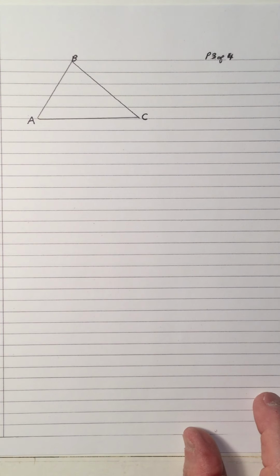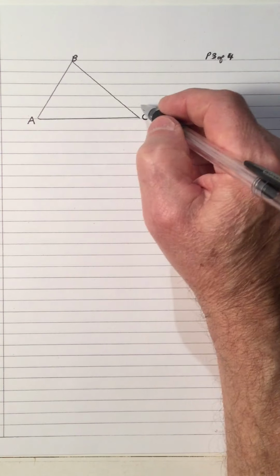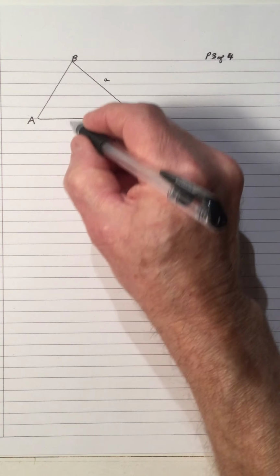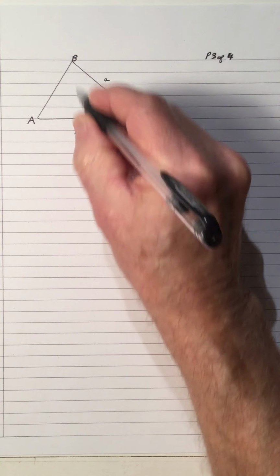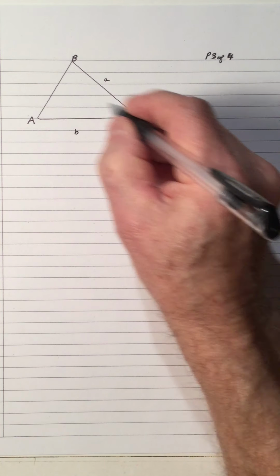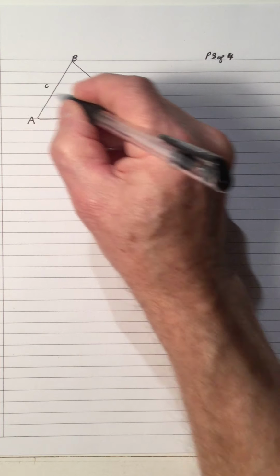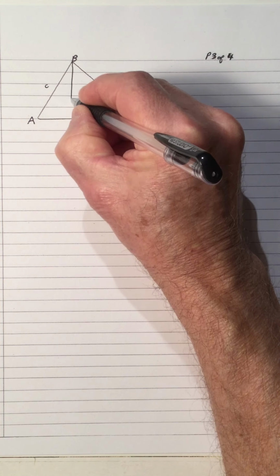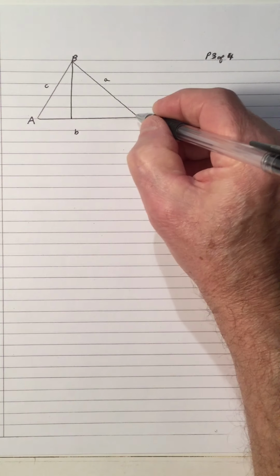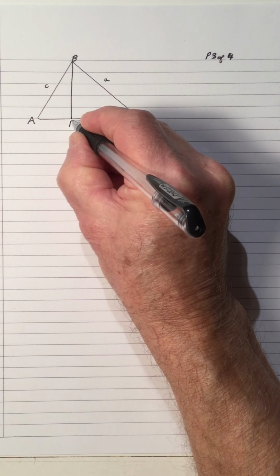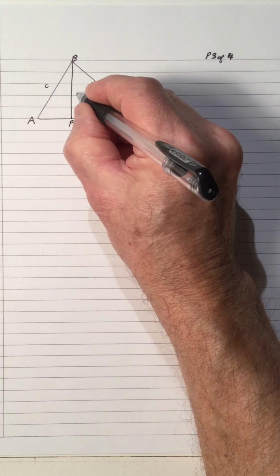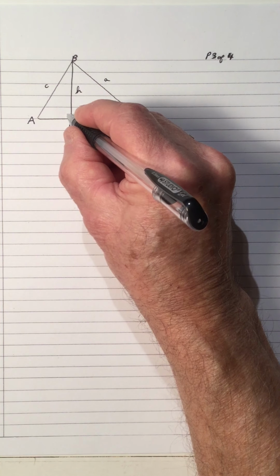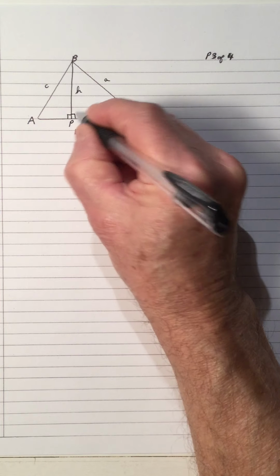We have a triangle BAC, and this is side a, opposite angle A. This is side b, opposite angle B. This is side c, opposite angle C. What we'll do is drop a perpendicular down to AC, call it P, and let this perpendicular be the altitude, with a right angle here.